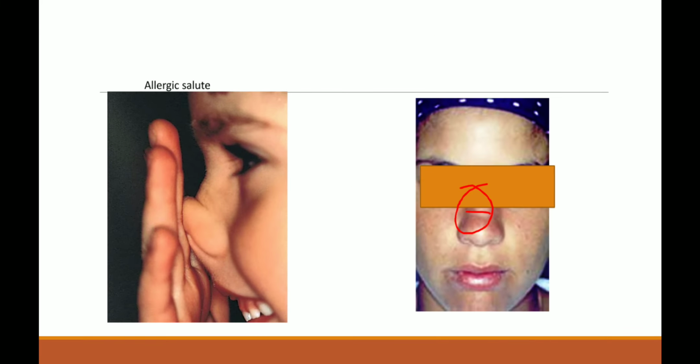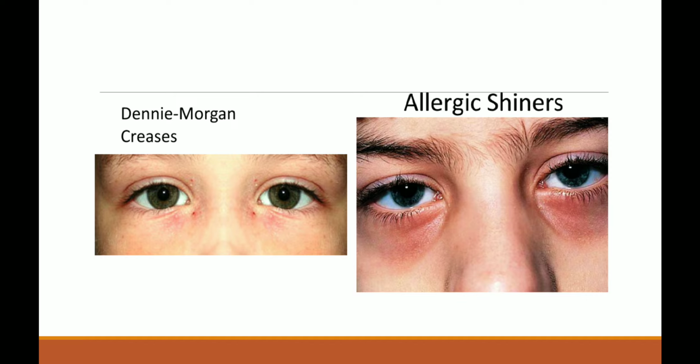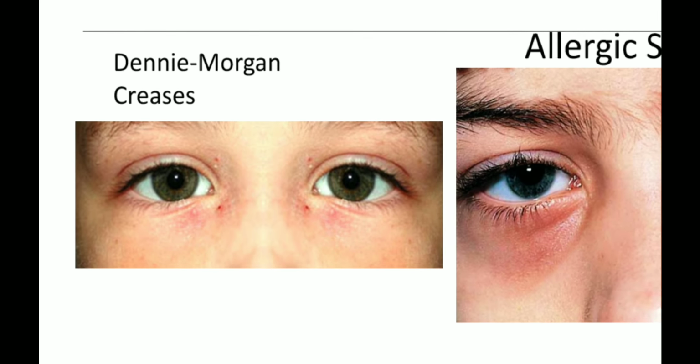Then transverse nasal crease, we can appreciate that here in this diagram there is a transverse nasal crease, called the Darier's crease or Hilton's line. Then Denny-Morgan creases, which is present in the skin of the lower eyelid.